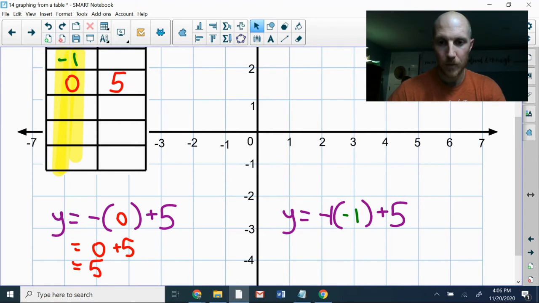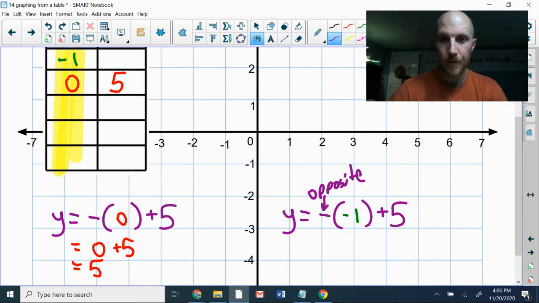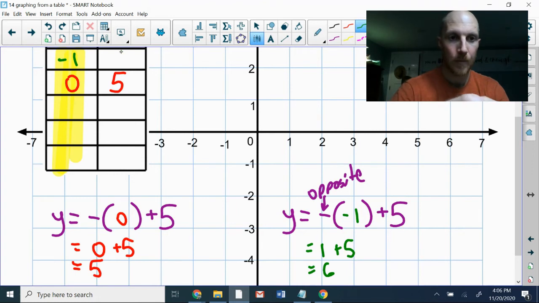So I put a green -1 inside the parentheses, this purple negative sign outside. We can think of that just meaning opposite. So instead of a -1, it's going to be the opposite of that, the +1. And then I have to add 5. 1 plus 5 is 6.